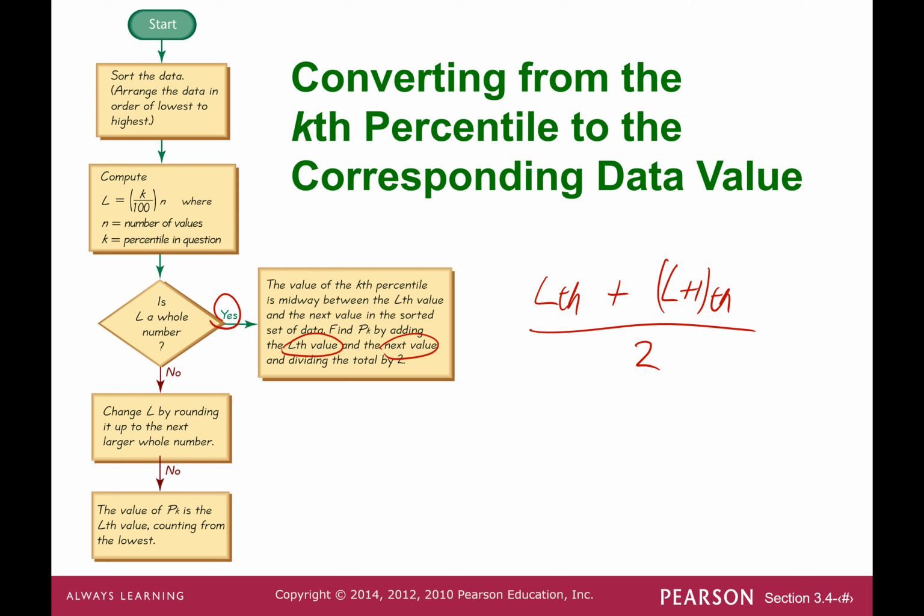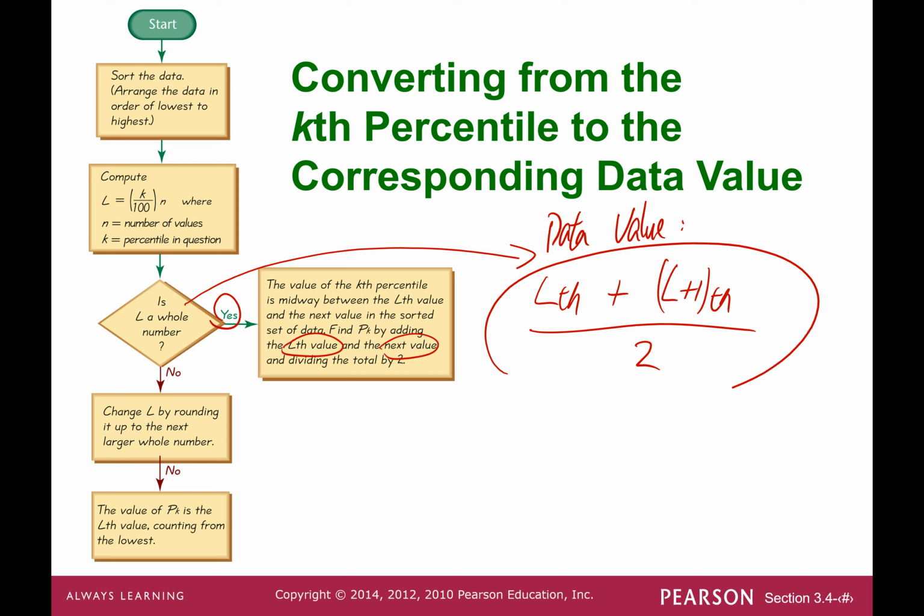If the locator is a whole number, this is where the data value is located. If L is not a whole number, then you always round it up to the next whole number, so that means it will be L plus 1, and that data value is what we're looking for. So these are the two rules you have to follow in order to locate the data value.